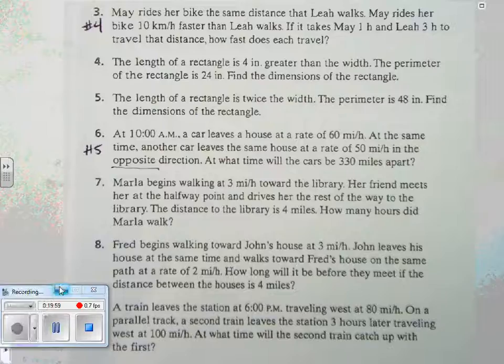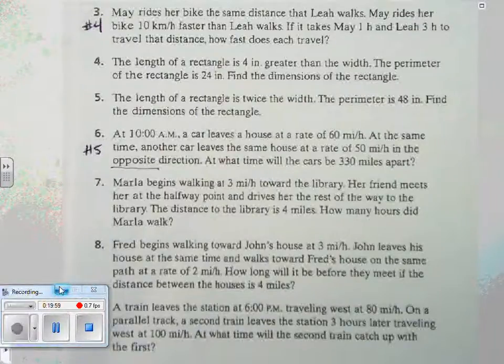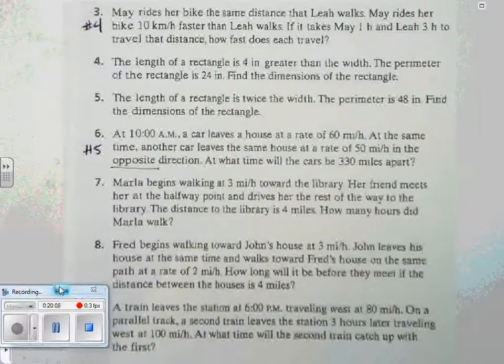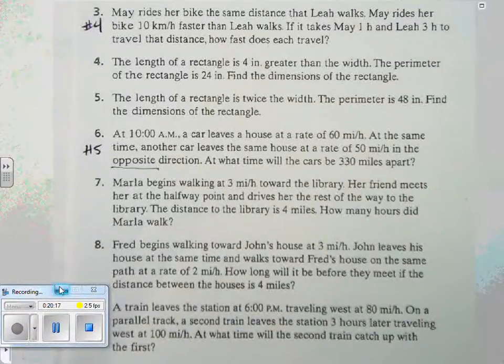Number 7 is a bit tricky. It's one direction, one person, actually. It's just dirt. There's one person, and it's just dirt.